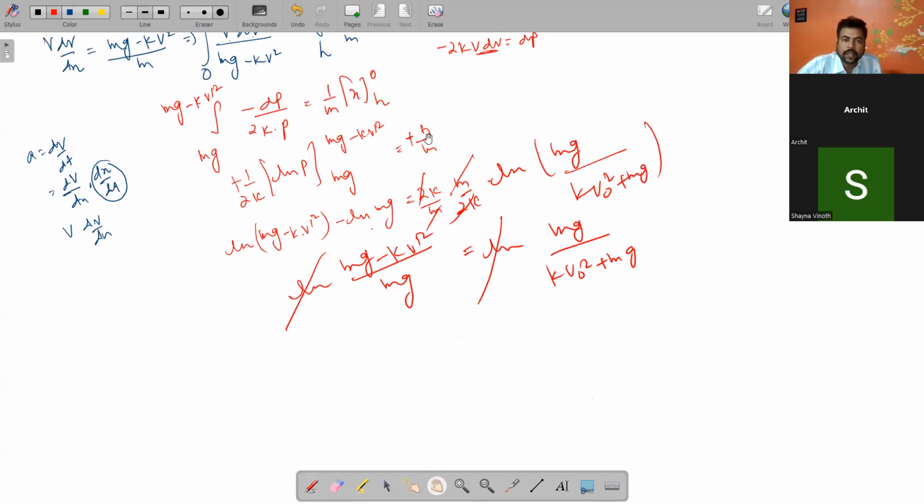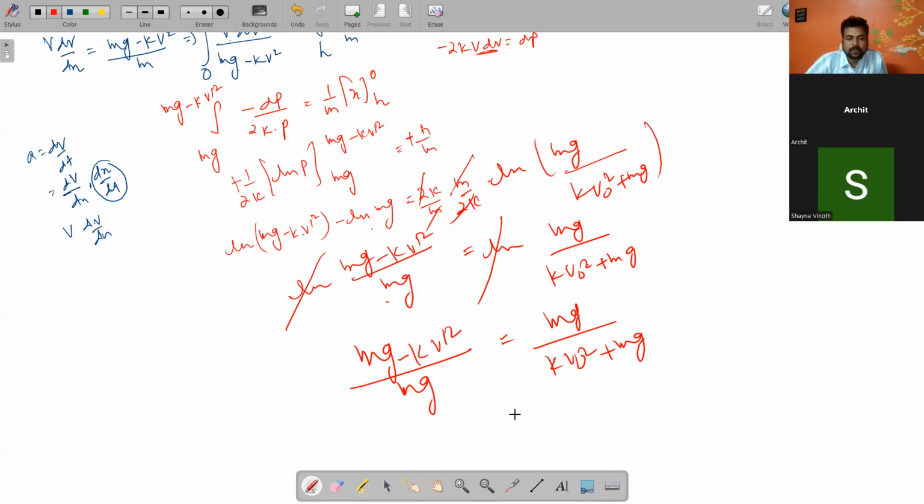Here just put the value of h that we got from the previous case, in the upward journey, and then that will cancel. So mg minus k v dash square upon mg equals mg upon k v naught square plus mg.